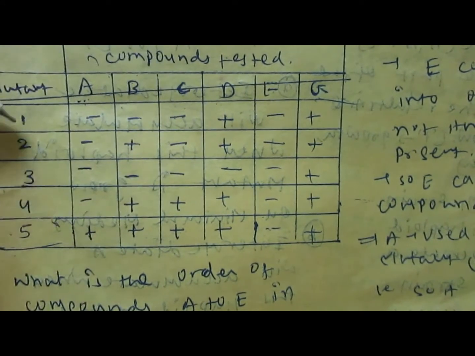For compound D, mutants 1, 2, 4 and 5 take compound D, as well as compound B. But the number of mutants that take compound D is higher than the number for compound B. So we can predict from this column that compound B should be the third converted compound from compound E, and compound D is the fourth converted compound from compound E.